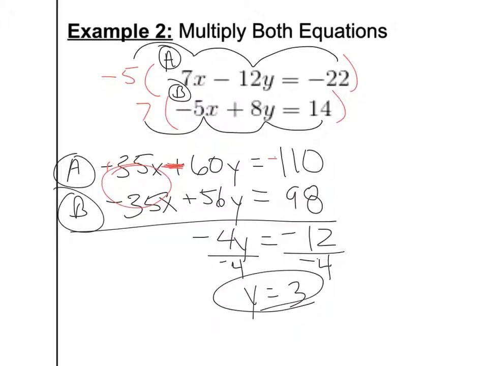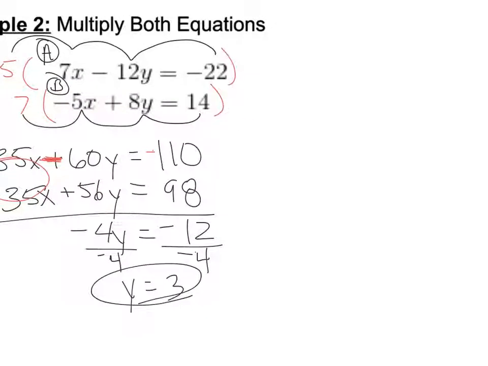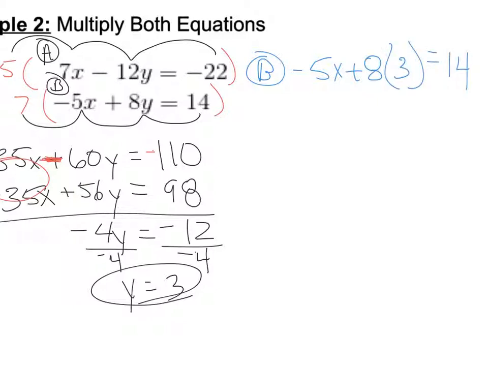Okay, guys, so we figured out our y. Now, again, we're going to choose either equation. Let's just say we want to choose the B equation to figure out our x. So it's negative 5x plus 8 times, now our y value is 3, equals 14.